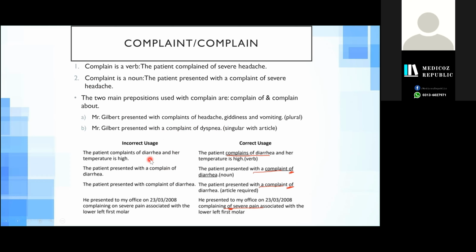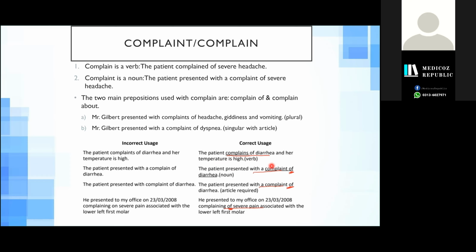Let's take a look at further examples. The patient complains of diarrhea and her temperature is high. Again, you can use different forms of the verb when you are using the word complain like this. If we are talking in the past tense, in the same sentence: the patient complained of diarrhea and her temperature is high.